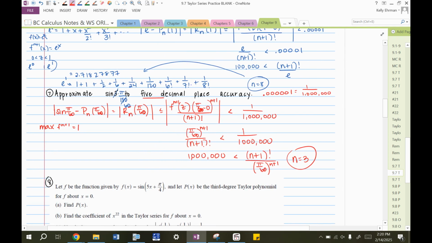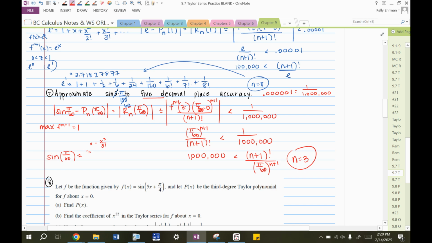Approximate sine. Okay, fine. So approximate sine, 0.3 to 3 decimal place accuracy. So sine of pi over 60 is about equal to, remember, it's x minus x cubed over 3 factorial. And that's all you have to do when it says n equals 3. That's the order that I have to get it out to.